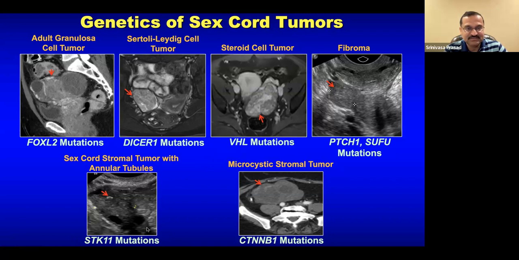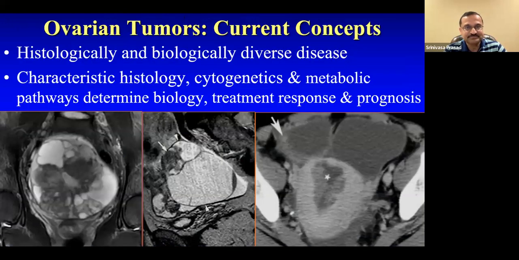So clearly, if you have a patient with a rare cancer or a non-epithelial cancer with peritoneal dissemination, using the same platinum-based chemotherapy will not work because they are driven by different mutations. So now they're coming up with specific drugs that target the specific tumor pathways based on the knowledge of these specific genetic pathways in some of these tumors.